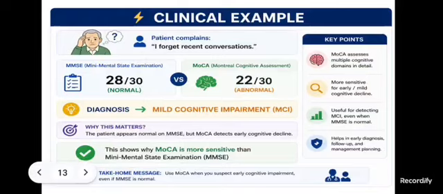While examining this patient, he may have a score of 28, but with the Montreal Cognitive Assessment, his score may come around 22. So a patient with a normal score on the mini mental state examination cannot be considered normal. He has to be evaluated with the Montreal Cognitive Assessment. With this assessment, even with a mild cognitive decline, we can pick up the diagnosis.